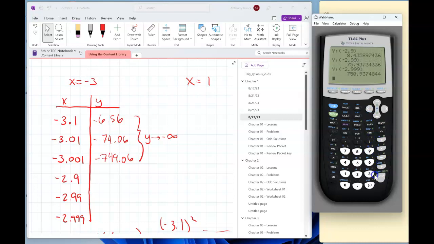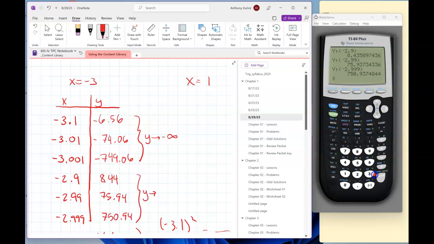So I get 844, 7594, and 750.94. If I look here, the y's are heading towards positive infinity. You take these together, we can say we have a vertical asymptote.